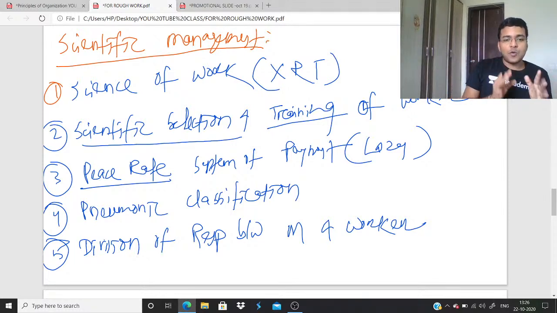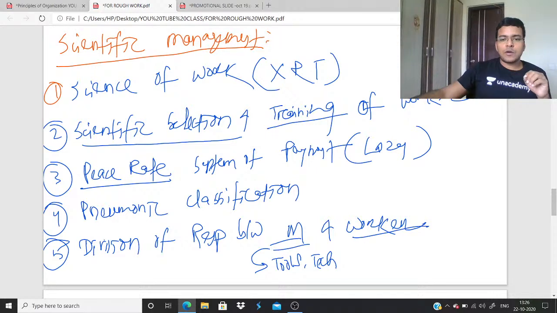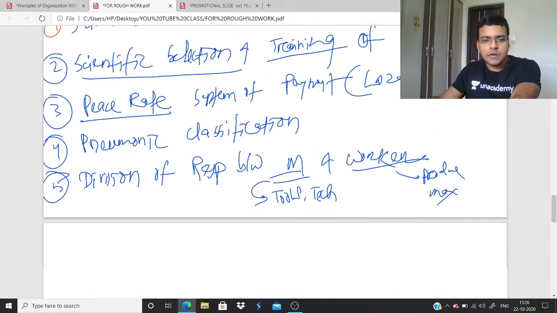But Taylor said no, it is the responsibility of the manager also. The manager should provide better tools and technology to the worker, and the worker produces the maximum. So division of responsibility between management and worker.